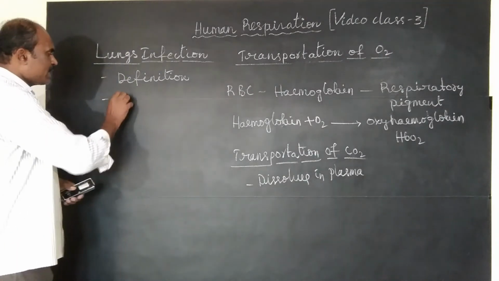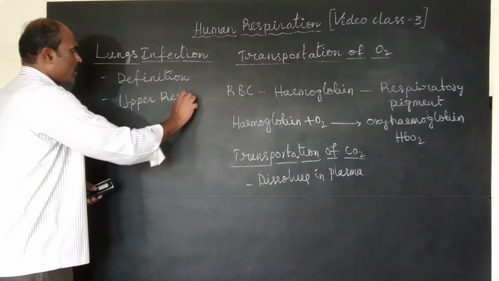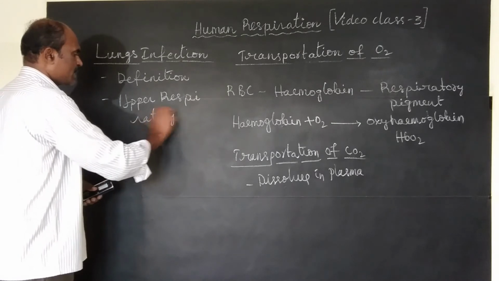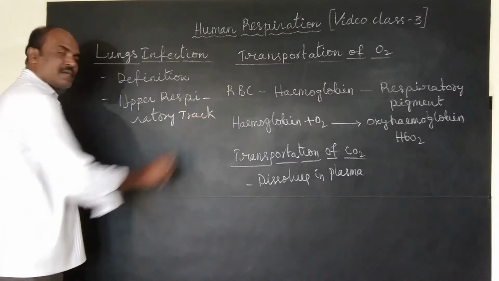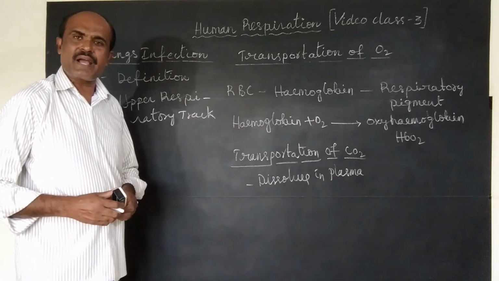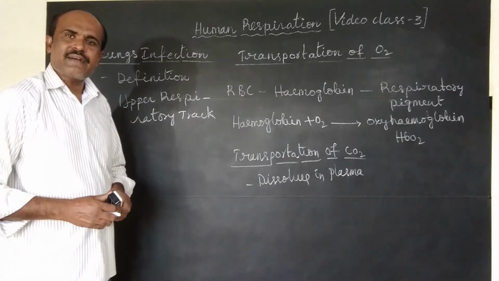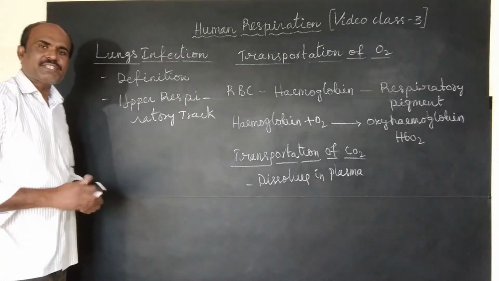See, particularly upper respiratory tract. What is upper respiratory tract? Trachea or windpipe, bronchi and bronchioles. These trachea, bronchi and bronchioles are provided with cilia.